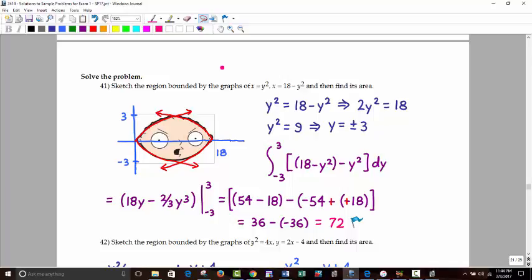Anytime you have x equals y squared and then x equals negative y squared, those are going to be sideways parabolas. The one that has a positive y squared will open up to the right, so the one starting over here at the origin, that's got to be the x equals y squared, and if it's got a negative in front of it, it opens up to the left.